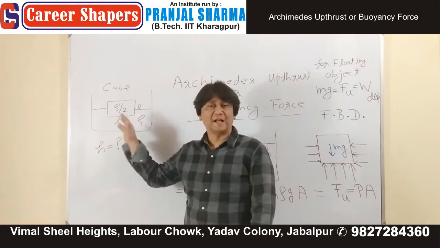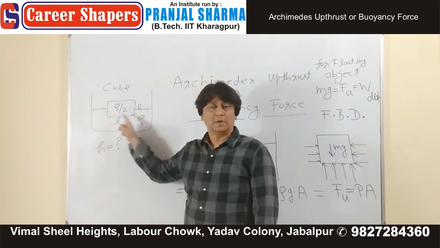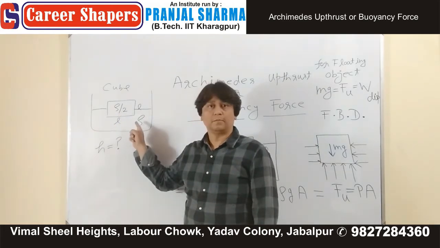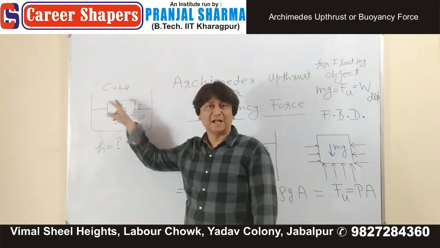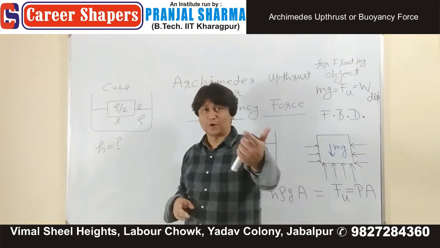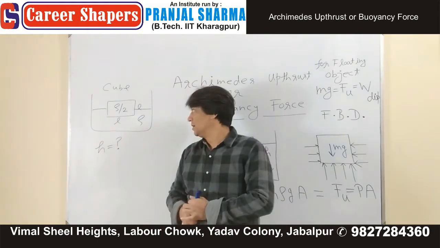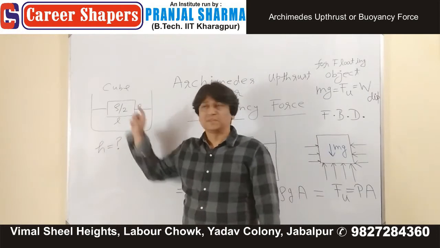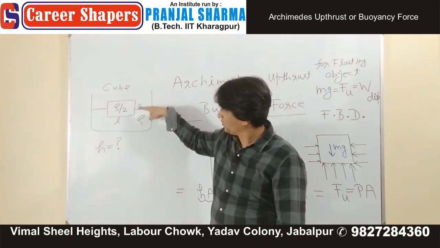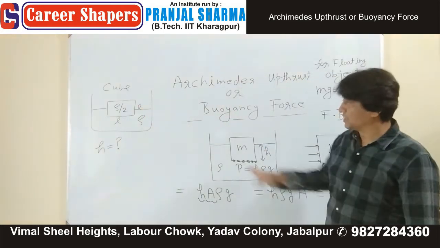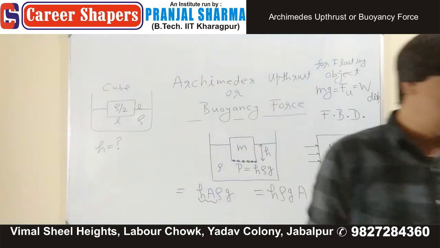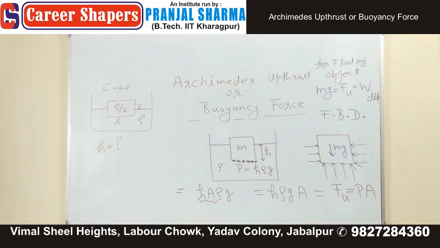A cube of density rho by 2 is floating. Well, if density is rho by 2, you know that it can only float. So, what is the height which is inside the liquid? Answer this part fast. It should not take more than 10 seconds.